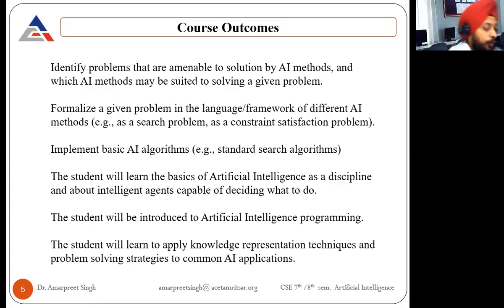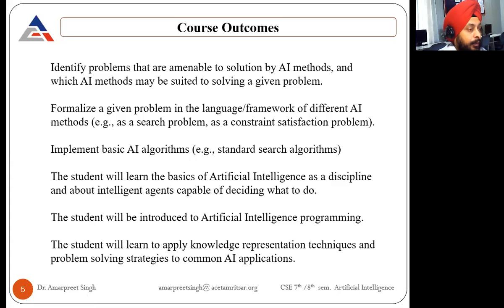Student, whatever the syllabus I have told you, we have the course outcomes. A very important thing: after covering this syllabus, what the students will be able to learn or perform comes under the course outcomes.